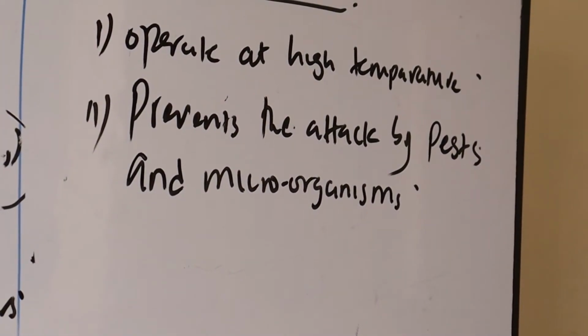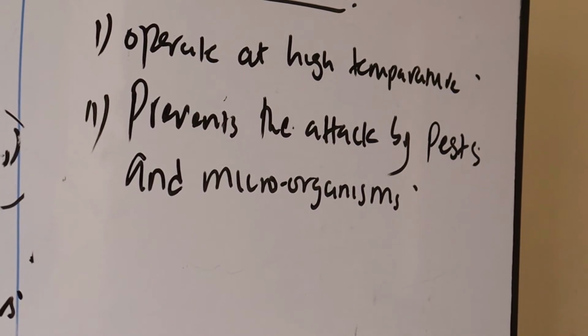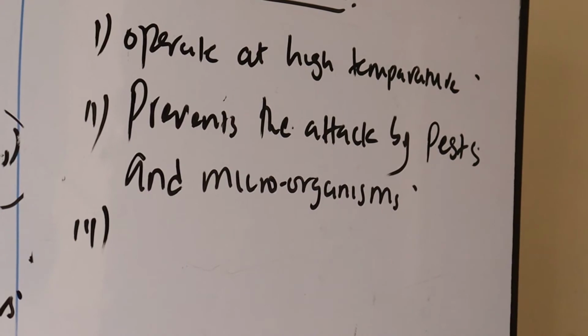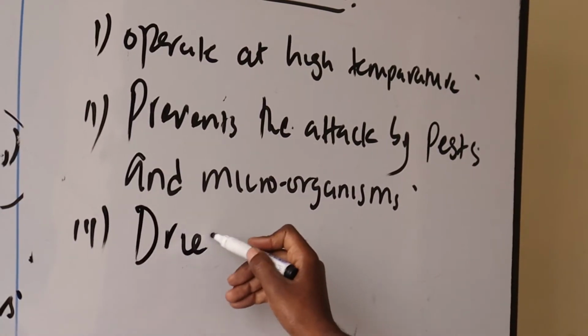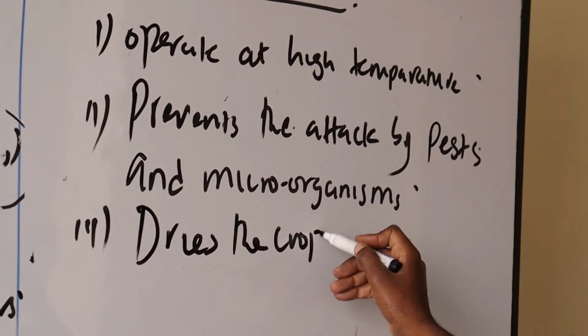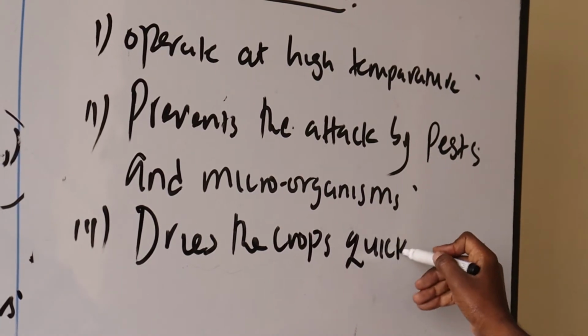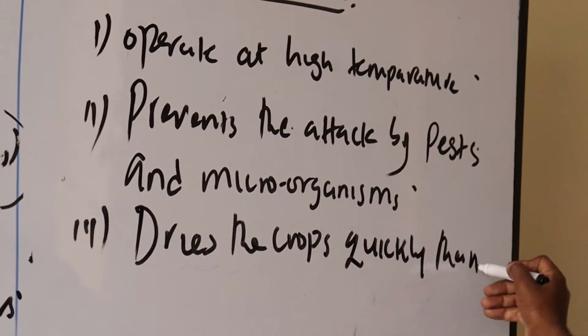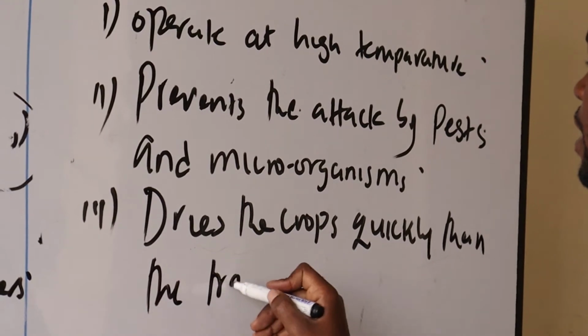Another advantage is that it dries the crops more quickly than the traditional dryers. Because it has more heat, it dries the crops quickly.